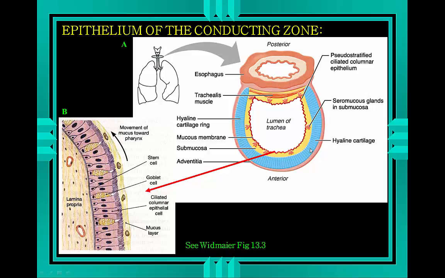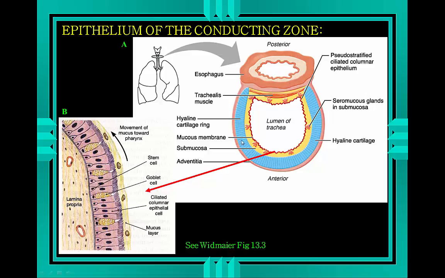In blue we see the cartilaginous rings which intersperse the trachea about every centimetre or so. The function of these cartilaginous rings is to keep the airways patent, a fancy word for open, so it keeps the airways open at all times.